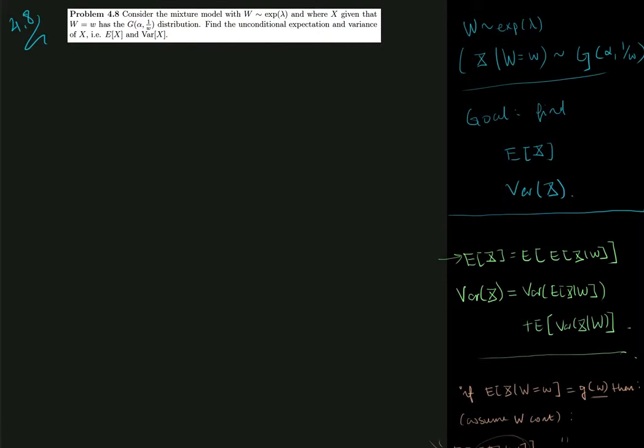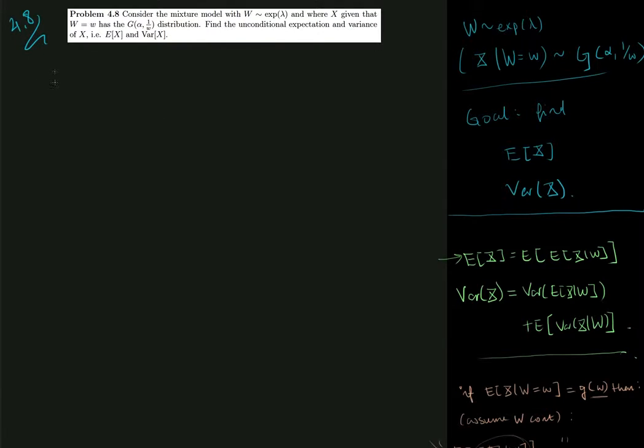So just before we get truly started, let's recall what happens here if we consider x given W equals w. In the gamma distribution, the mean value is given as the product of the first parameter and the second parameter inverse.